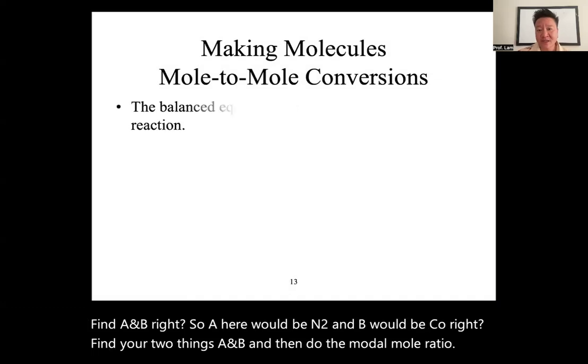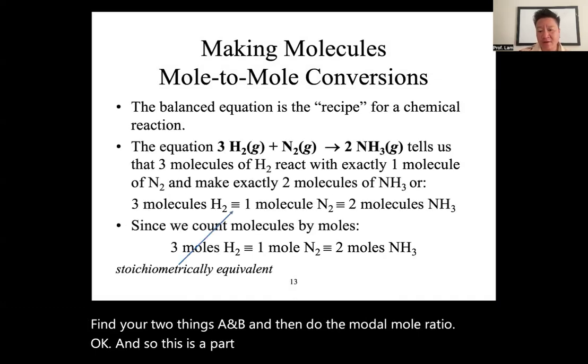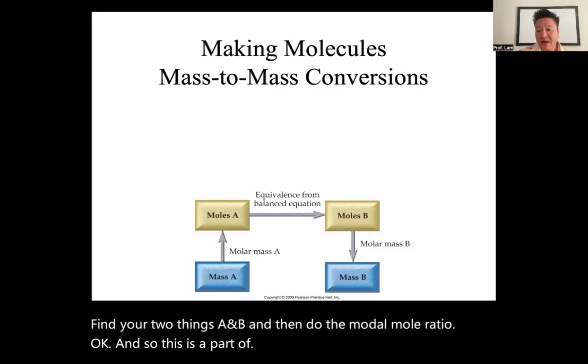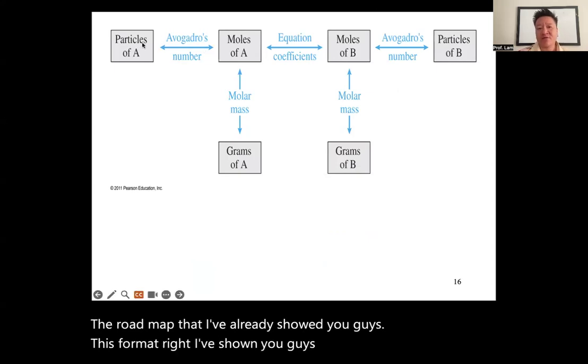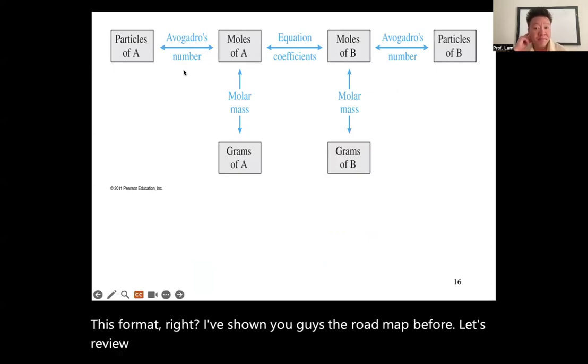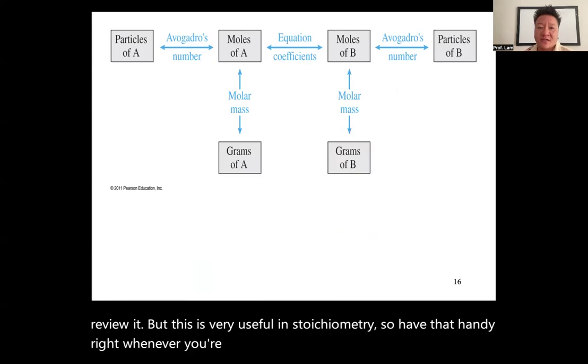This is a part of the roadmap that I've already shown you guys. Let's review it, but this is very useful in stoichiometry, so have that handy whenever you're solving these types of problems.